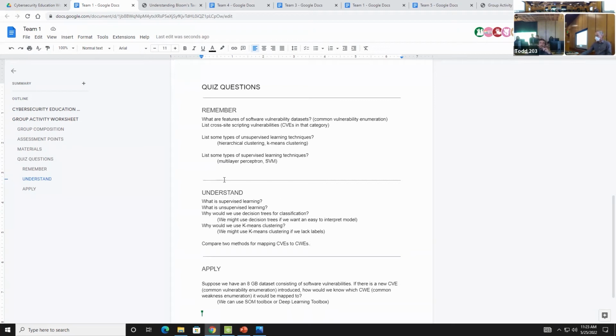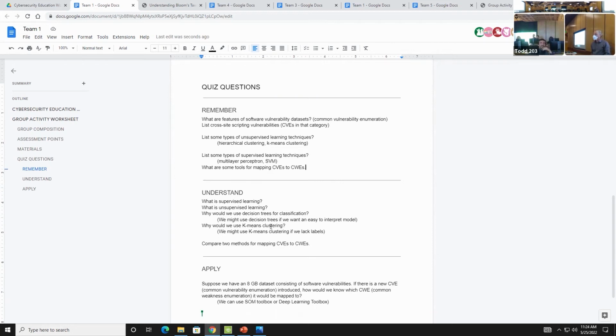So what was the remember part? Yes, what are two tools that could be used for mapping CVEs? It could be something like, what does CVE stand for?